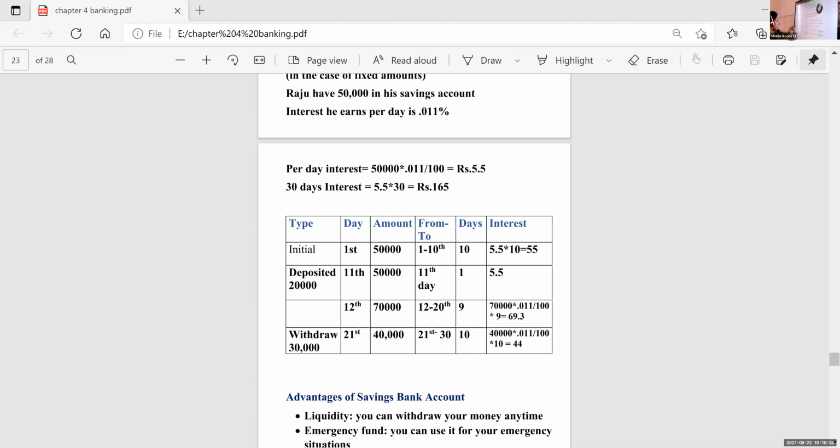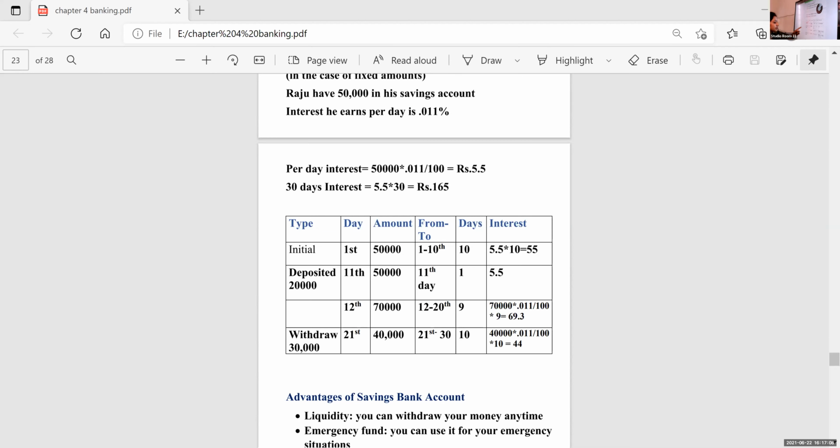See, the type is initial. That means in the beginning, on the first day, I have 50,000 rupees. And on the 11th day, I am depositing 20,000 rupees.